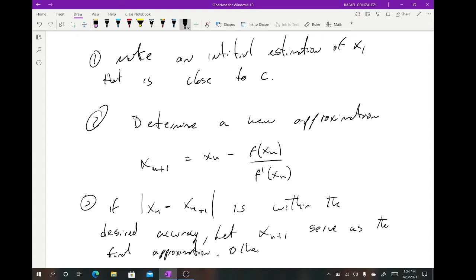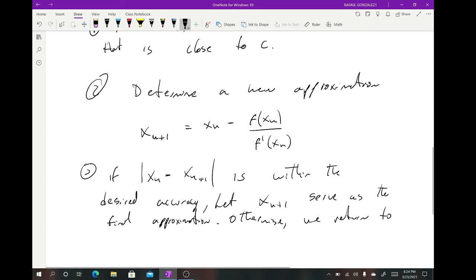Otherwise, we return to step 2 and we calculate a new one.